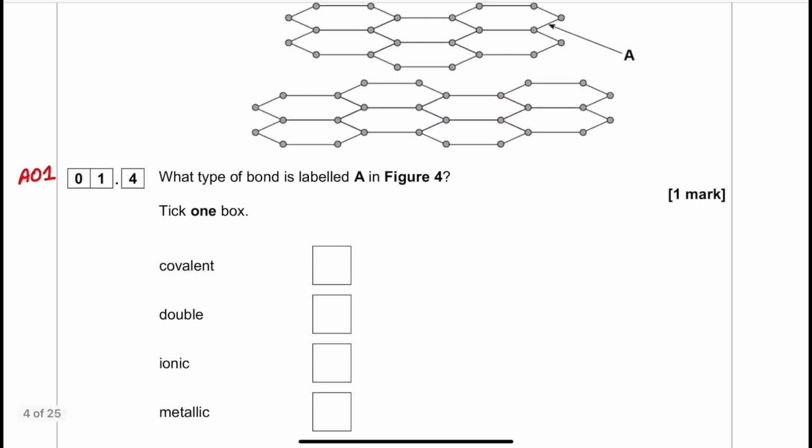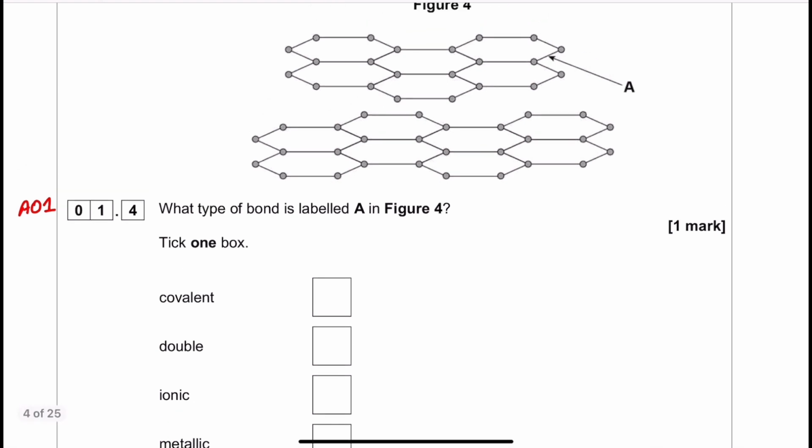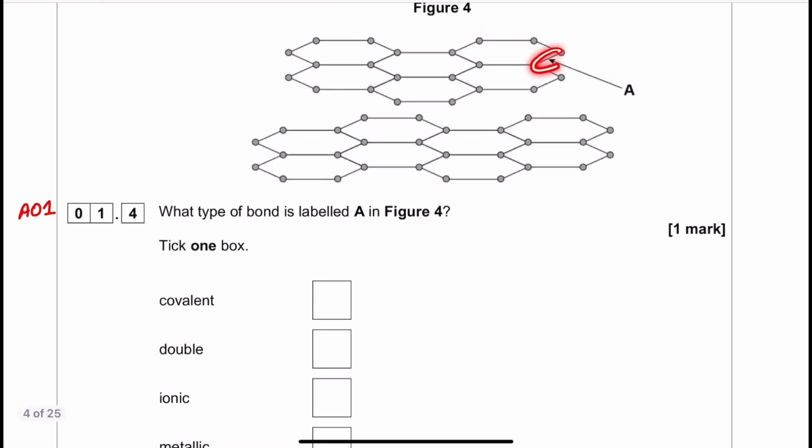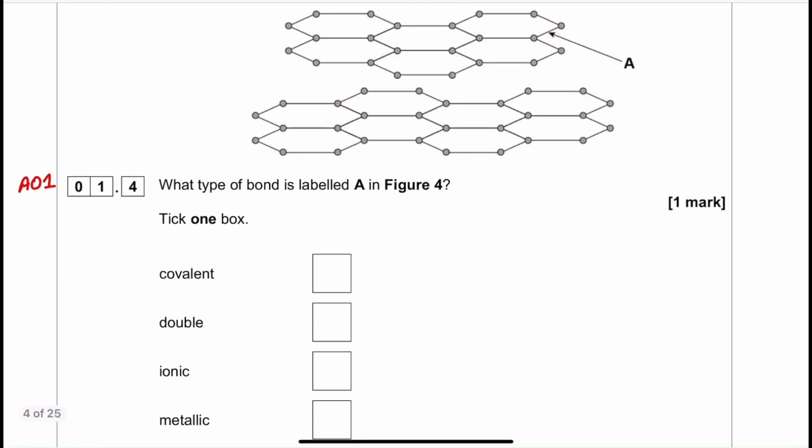Now we have to look into that. What type of bond is labeled A in figure number 4? So they are looking at this kind of bond here. If you look, there is only one line present, so it is not making any double bond.